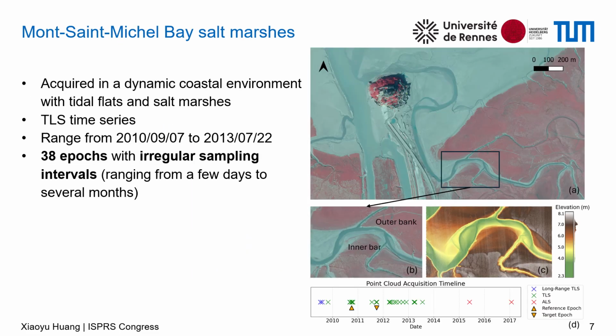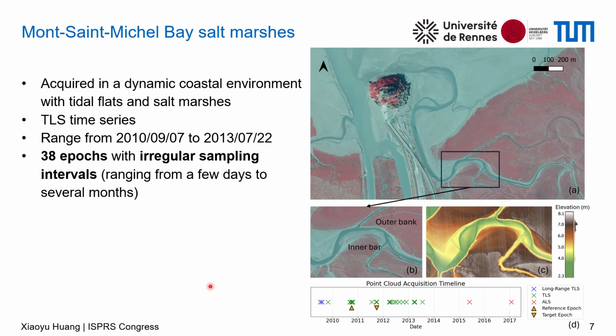To evaluate our method, we applied it to a highly challenging dataset, the Mont-Saint-Michel Bay salt marshes in France. This is a dynamic coastal environment, so pay attention to the timeline at the bottom right. Over a span of several years, this dataset has 38 epochs of laser scanning data.